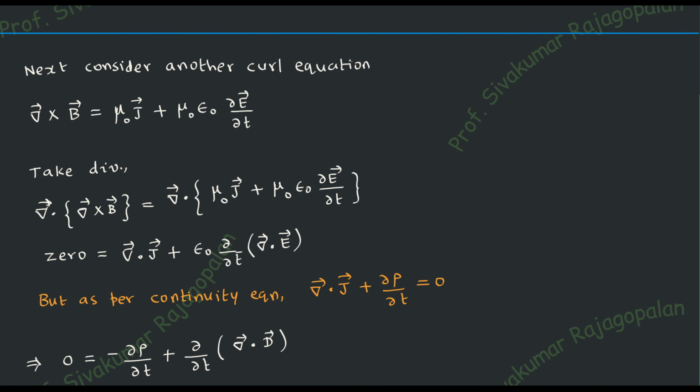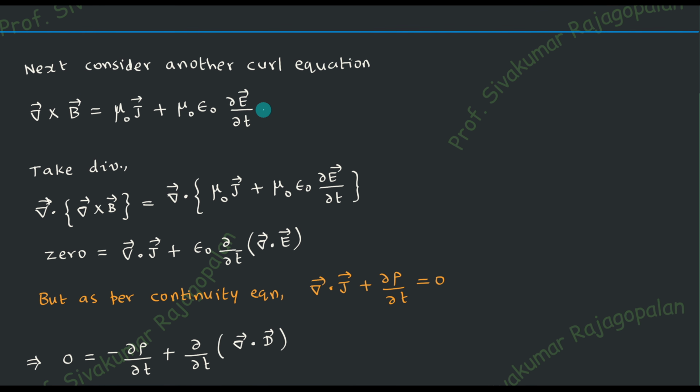How to make a conclusion is that your starting equation, let us rewrite in a different style. It's only rewriting, okay? So let us remove this mu naught and epsilon naught. Let us divide the equation by mu naught, and then bring the current density to the left hand side, and then epsilon naught into E, as usual, make it a displacement vector. That's all. So we are doing a simple rearranging.